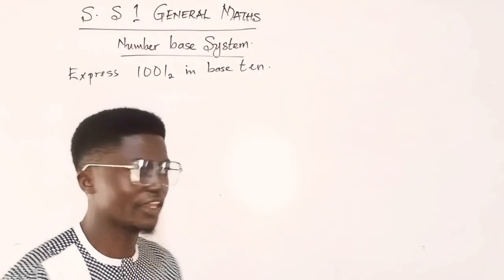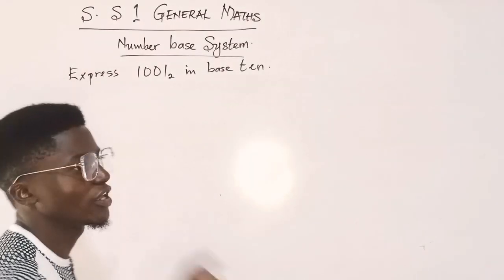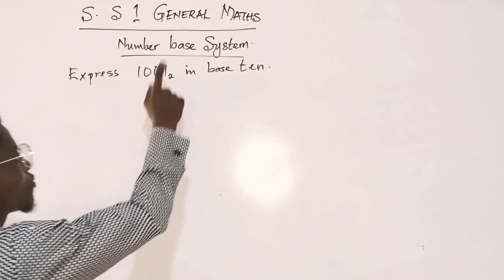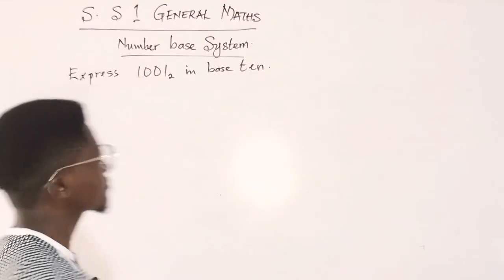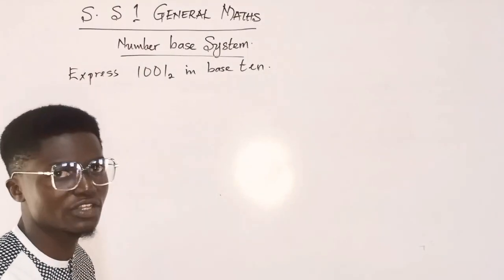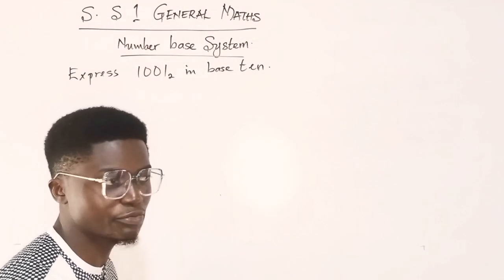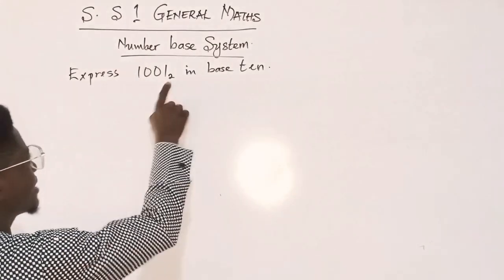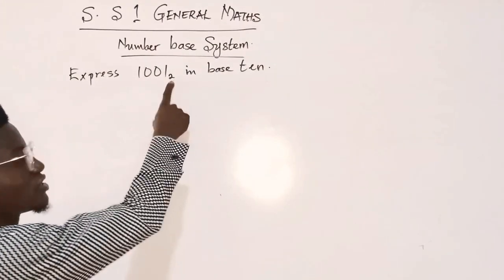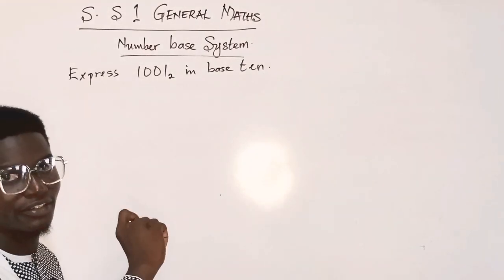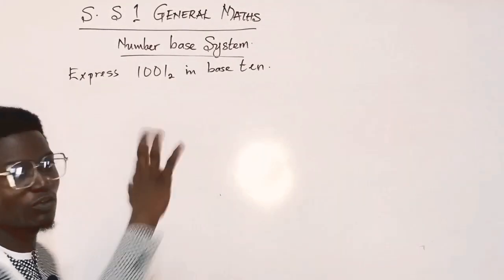How do you express that? If you have been given 1001 base 2, a very simple way for you to express it in base 10 is to expand this number with respect to the base. The base is 2.